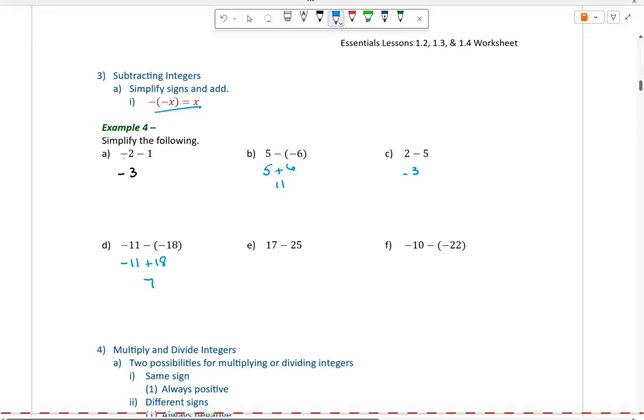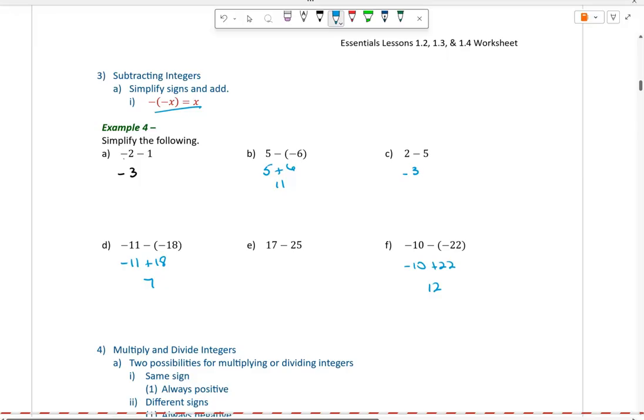Negative 12 or positive 12? Positive. We agree? Yes. Sure? Good. Glad you agree. Because since we have minus a negative, it's negative 10 plus 22. Keep the sign of the bigger, subtract them. So we'll get a 12.